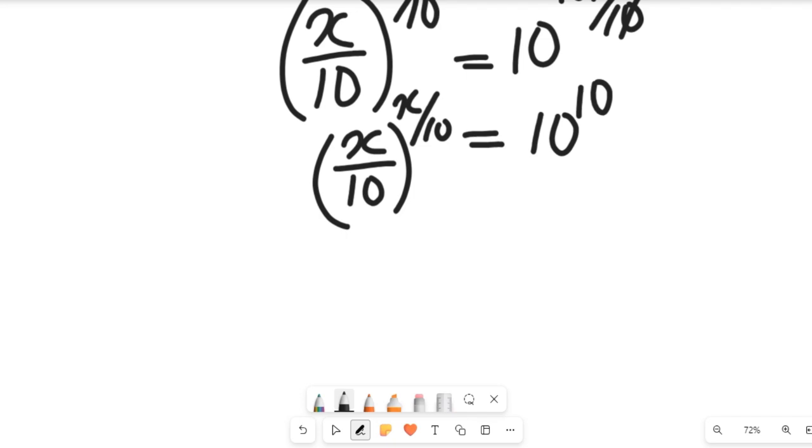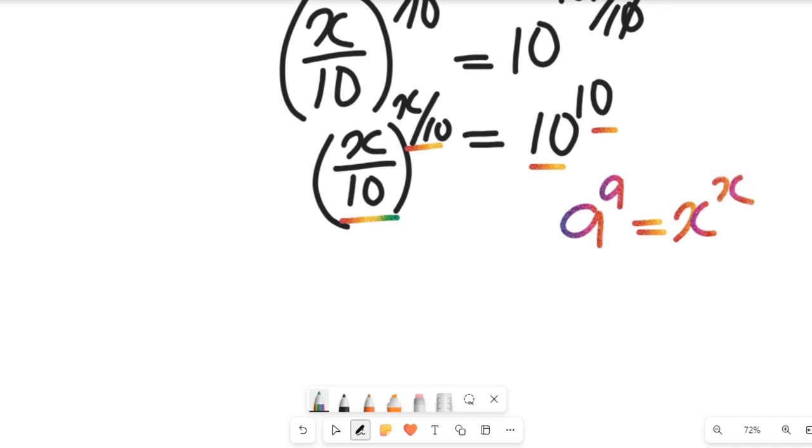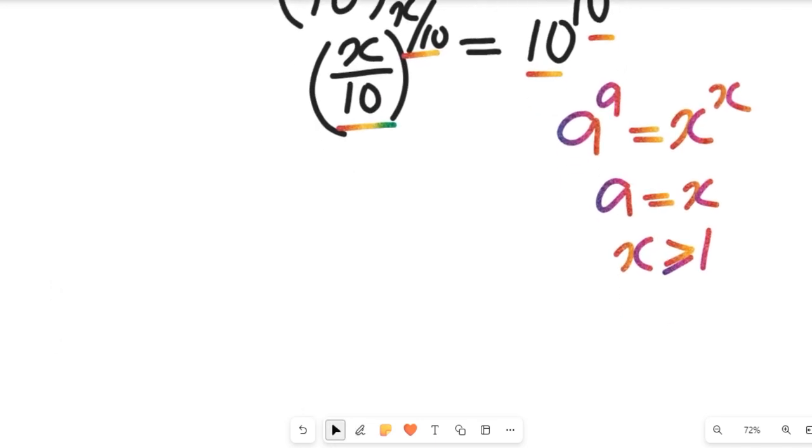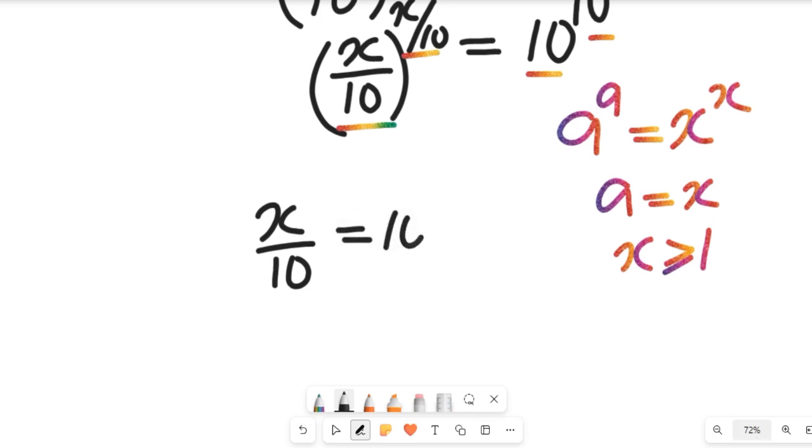Now notice something, that we have the same base and the same power on both sides. Now, according to one law of indices, if you have a to the power of a equal to x to the power of x, then a can be equal to x, as long as x is greater than or equal to 1. So, if we apply that, we're going to see that our x divided by 10 will only be equal to 10.